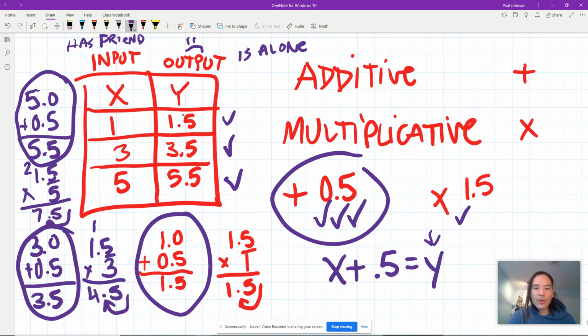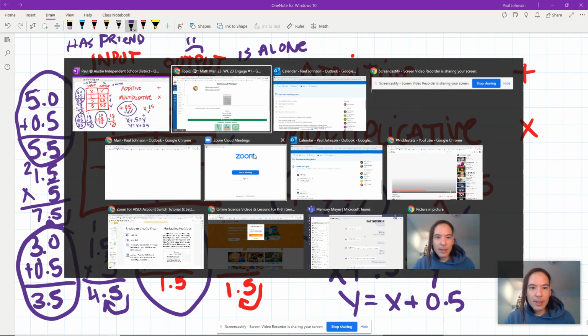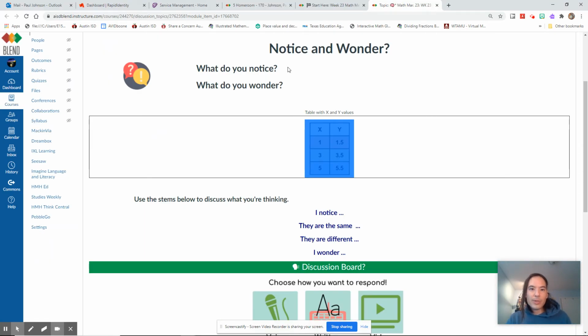So you could have also written y equals x plus 5/10. That is correct as well. As you can see, y is still by itself on one side of the equal sign, and x has a friend. X is hanging out with 5/10. All right, so going back to our notice and wonder, I noticed that we're looking at a table with x and y values.